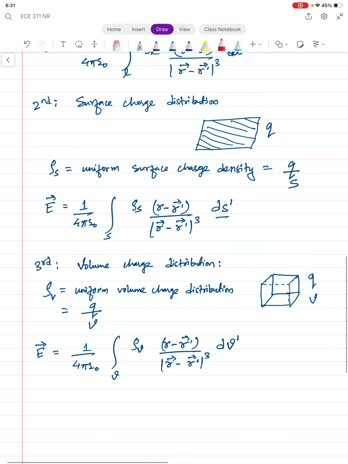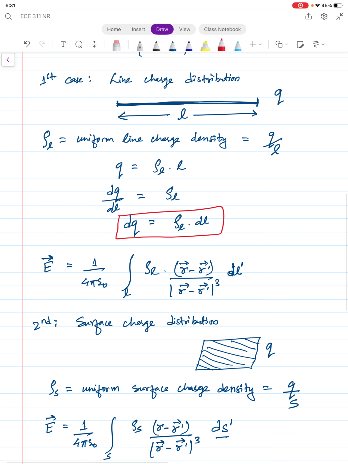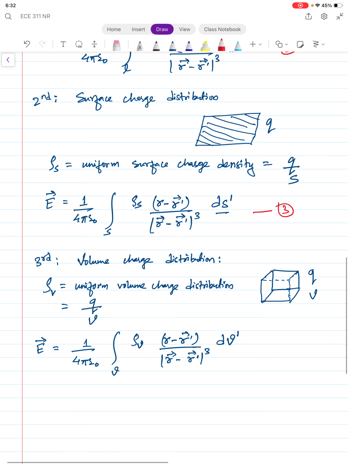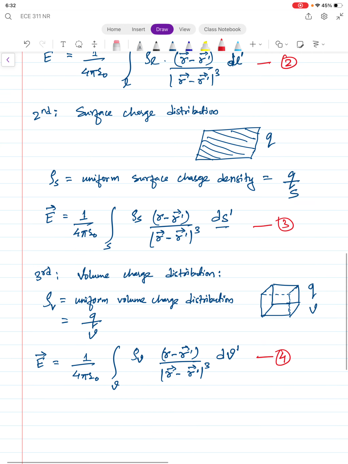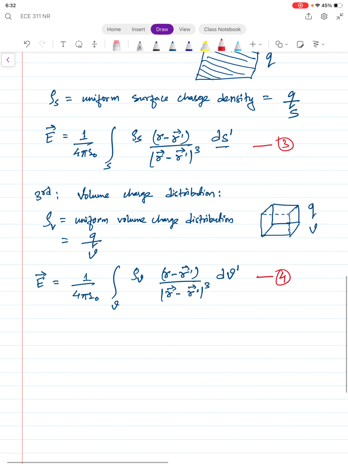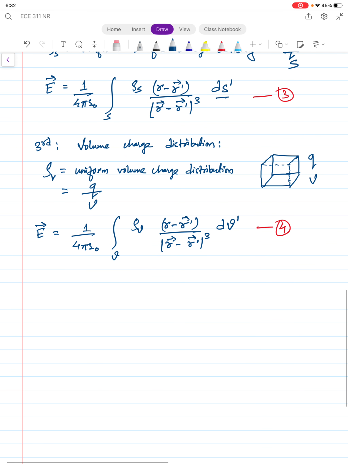Okay, so these three formulas, we already called that one, let's call these 2, 3, 4. These three equations will be particularly helpful for us to determine the electric field when a continuous charge distribution is given. And when you look at an equation sheet, you might see something like this.